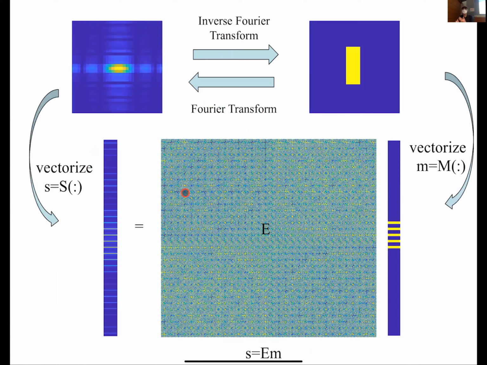So this is a special property of the Fourier transform matrix: it's orthonormal. It has orthogonal basis functions. If you go back to linear algebra, they're all perpendicular to each other. Once we go beyond the Fourier transform, there are other encoding schemes where that may not be the case, but for now, we'll assume these are largely orthonormal.